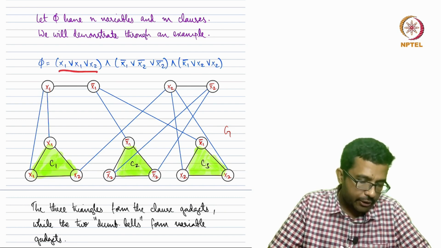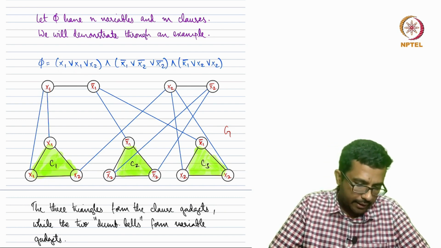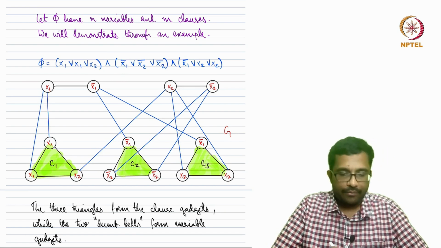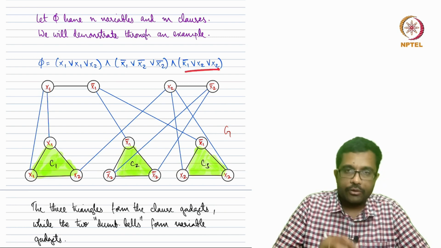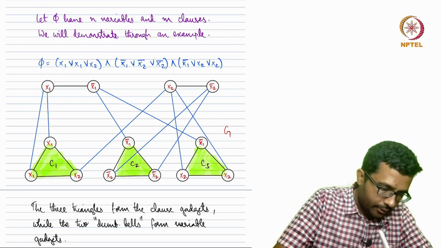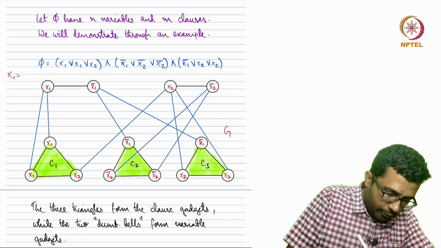Let's say we set x2 to true, that also satisfies the first clause. And since x2 is true, we set x1 to false, that satisfies the second clause. And then the third clause is also satisfied, right? So one satisfying assignment is x1 false and x2 true.